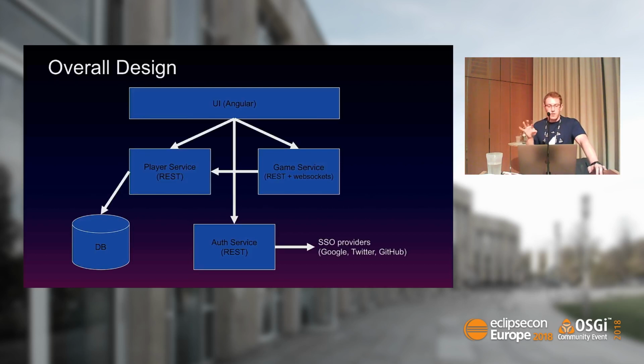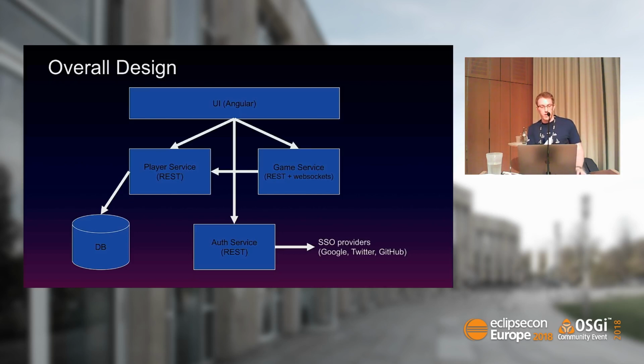We have, like I said before, 4 microservices, and note that the front end is an Angular app, but we just run it as a static web app, and all 4 of these microservices are running on Open Liberty deployments. And as we wrote this game, we found that it really modeled a traditional real-world application that you might find.